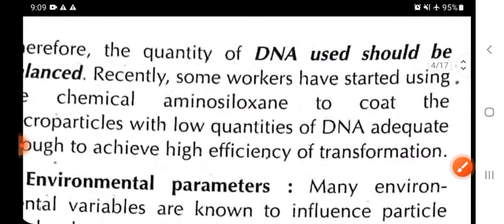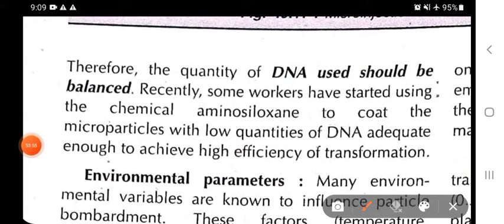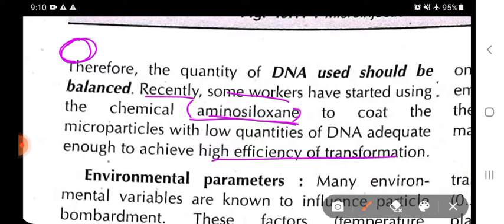So this is the thing you should remember. This chemical is allowed to coat the microprojectile, the microparticles, with a low amount of DNA. Why? To achieve high efficiency of transformation.